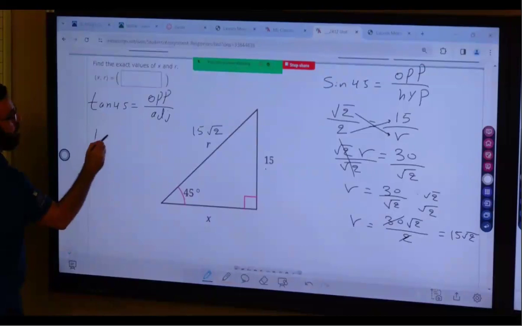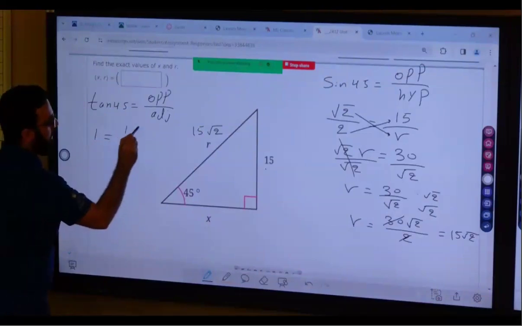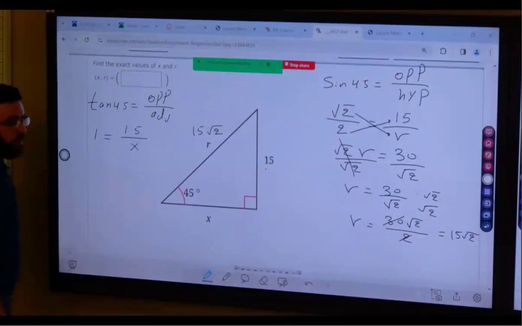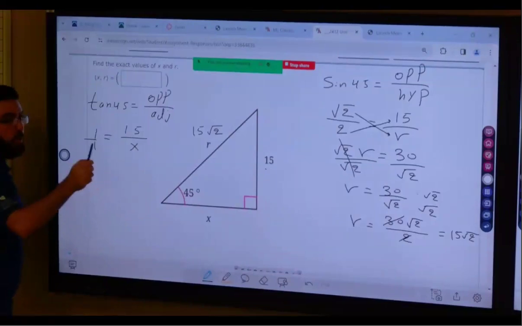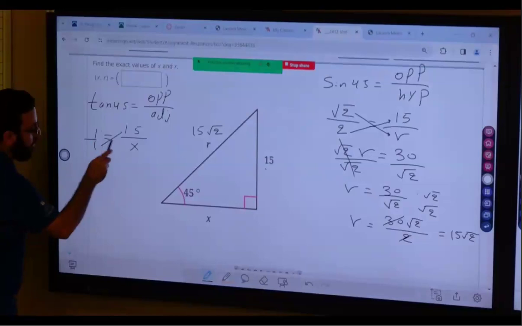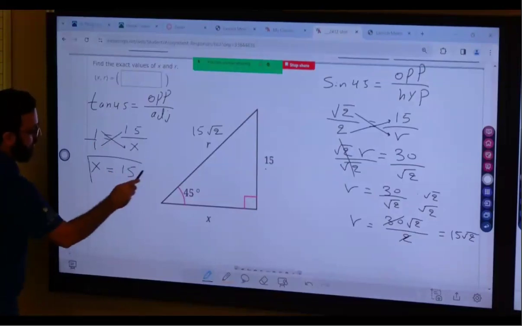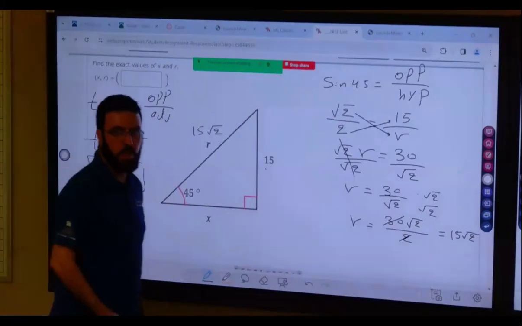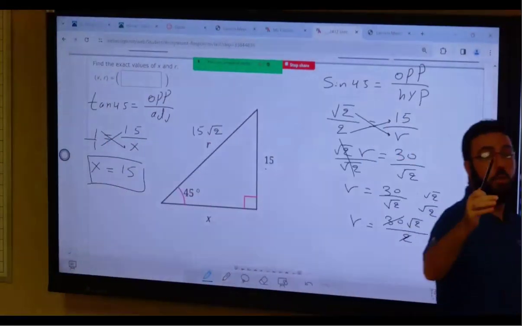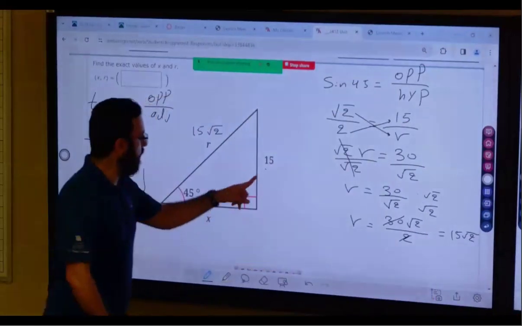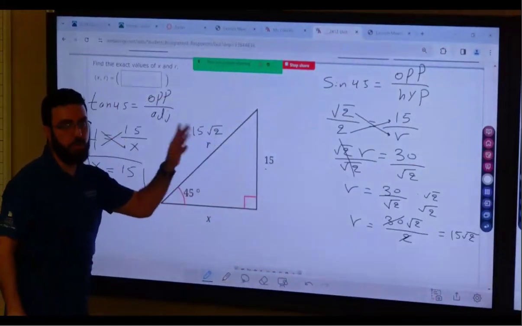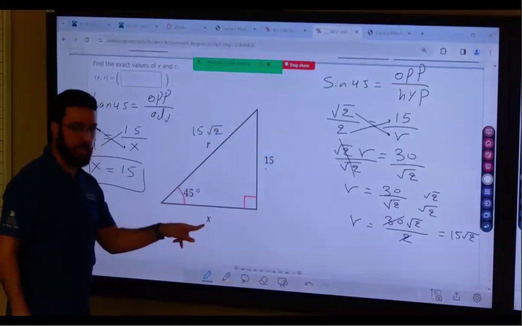Tangent 45 is 1. So 15 over x, x equals 15. This is over 1. You can do the same thing with cross multiplication. So x is going to be equal to 15. That's it. If you want to use the Pythagorean theorem, it's also going to be right, because you have two sides now, 15 and 15 square root of 2. You use the Pythagorean theorem to get the third side.